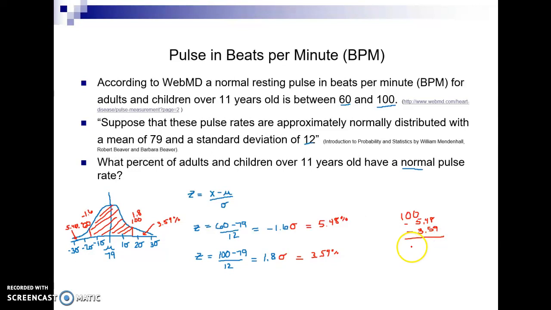Do all that math on my calculator, and I get 90.93% as the percent of people that fall into the normal range. We had talked about with the empirical rule that from -2 to +2 standard deviations would be 95%. This range did not go quite that high or quite that low, but represents about 90, almost 91% of the population.